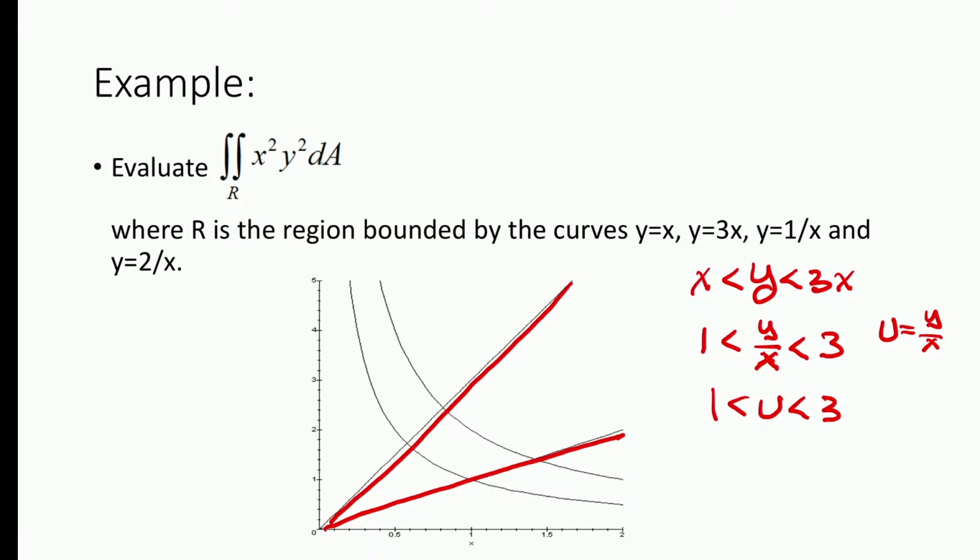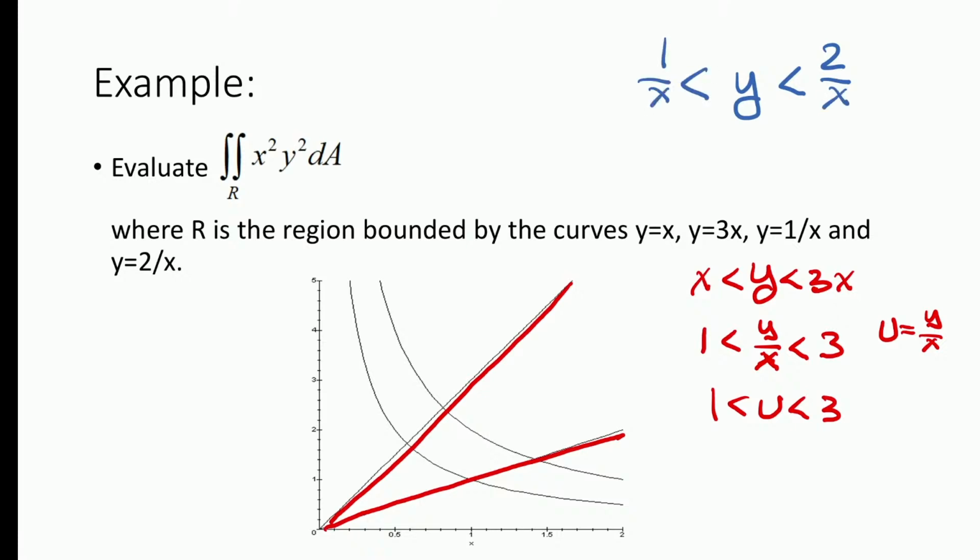In the same way, we have these weird curves. Let's write down what they are. y is less than 2 over x and greater than 1 over x.